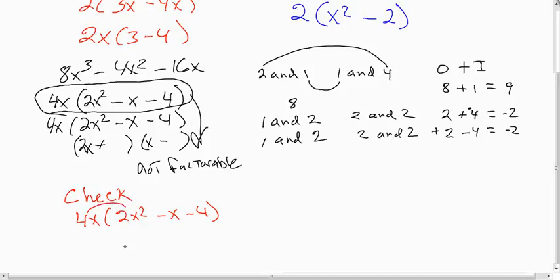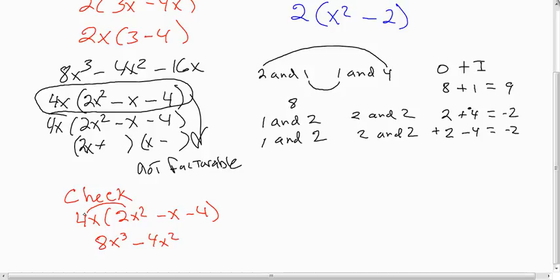Distributing 4x to 2x squared, 4 times 2 is 8, and x times x squared is x cubed. Of course, 4 times a negative 1 gives us minus 4, and x times x is x squared.